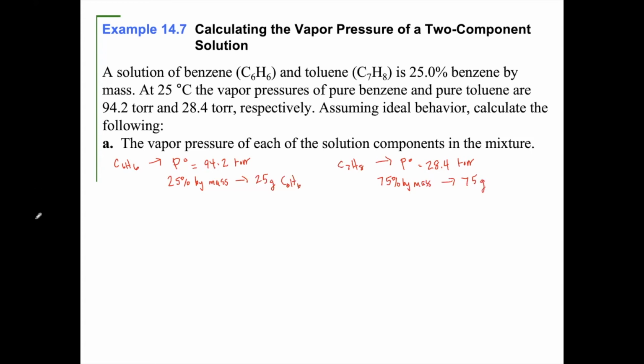Remember that the partial pressure of the benzene is going to equal the mole fraction of the benzene times that value, the 94.2 torr. Likewise, the pressure of the toluene is going to equal the mole fraction of that substance times the pressure of the pure substance.